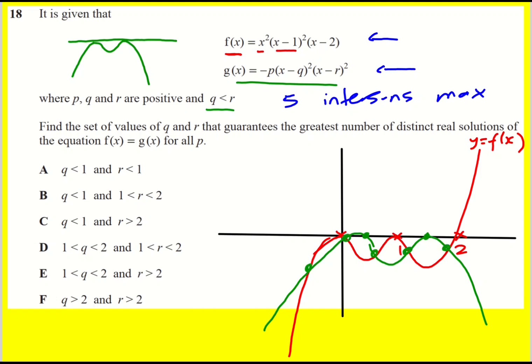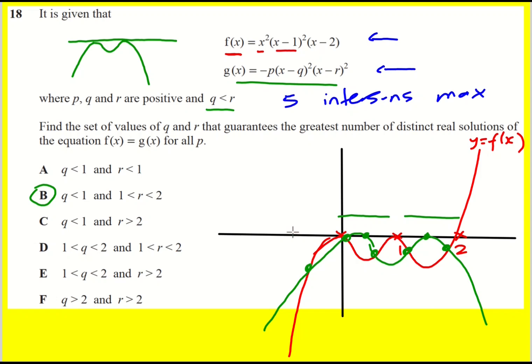It doesn't matter how we change p, make it smaller, make it bigger. We're always going to get these intersections. So our first value has to be between 0 and 1, and our second value has to be between 1 and 2. And we already know that q is positive, so that means we just say that q is less than 1 and r is between 1 and 2.